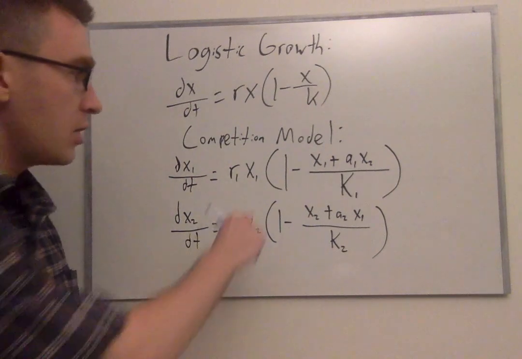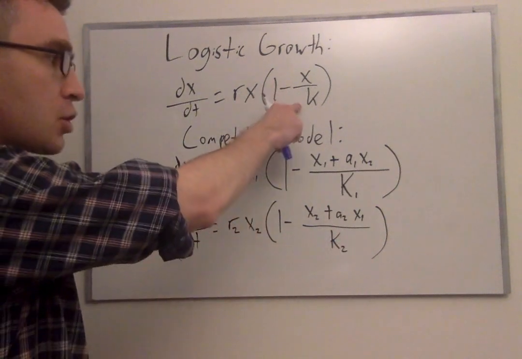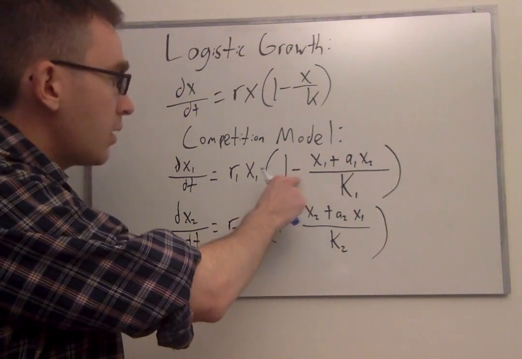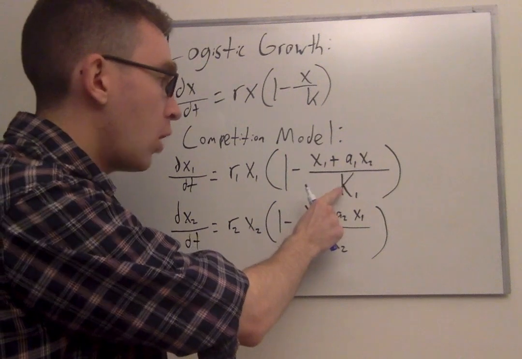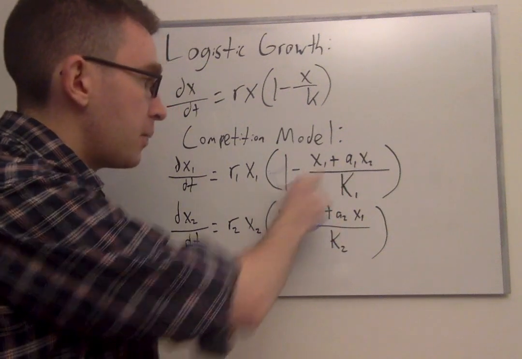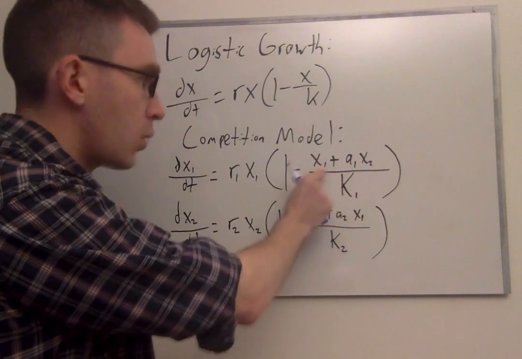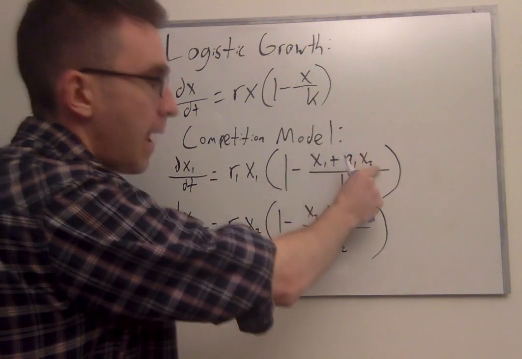Okay, so like I said, these are the carrying capacity terms, similar to the logistic growth model. But in the competition model, instead of just having 1 minus x1 over k1, in this fraction term, instead of it just being x1 over k1, it's x1 plus a1 x2.